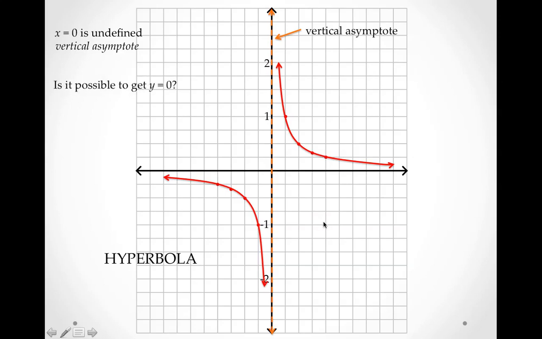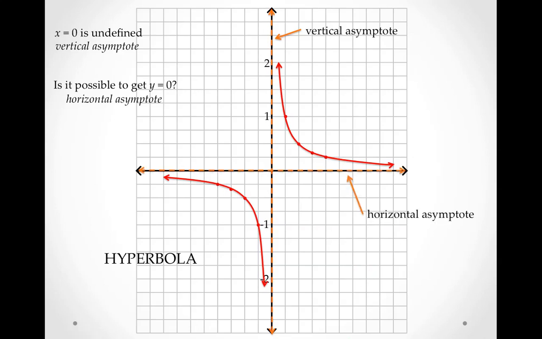Now what about y being 0? Is it possible to choose a value for x in which our answer, the y value, would actually end up being 0? Well, the answer is no, and so that means our y equals 0 line, which is the x-axis, is also an asymptote, an invisible barrier, and it's a horizontal asymptote.